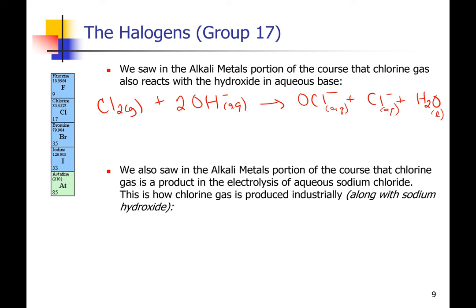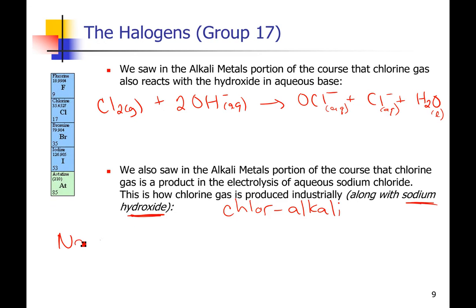And in terms of the industrial production of chlorine gas, well, you've seen that too. That's the reaction that you already saw for the chlor-alkali process, which produced sodium hydroxide.